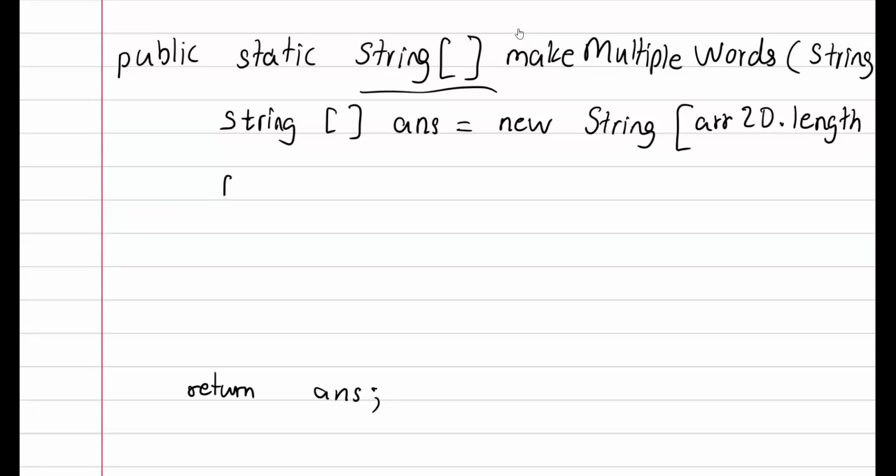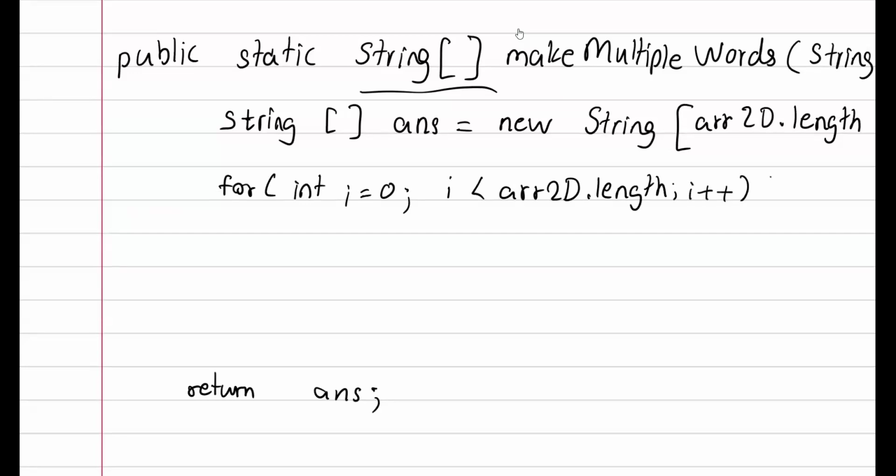So let's write the outer loop: for i equals 0, i is less than array2D.length, i plus plus.